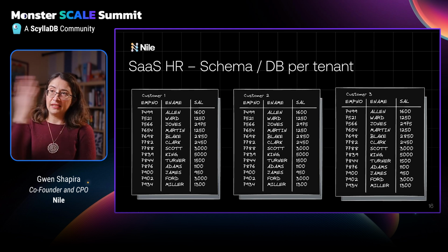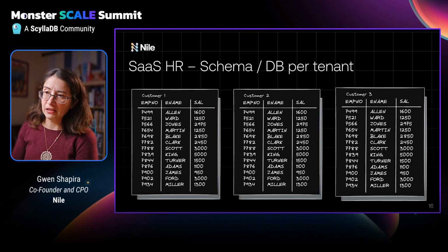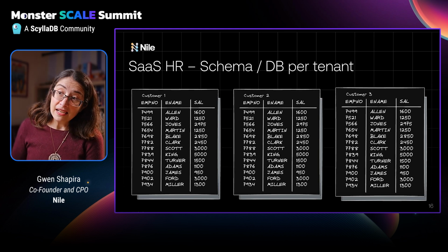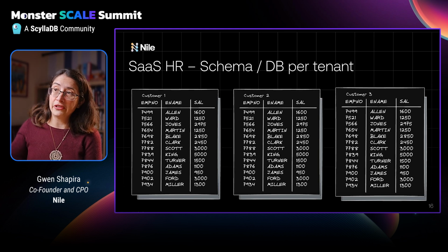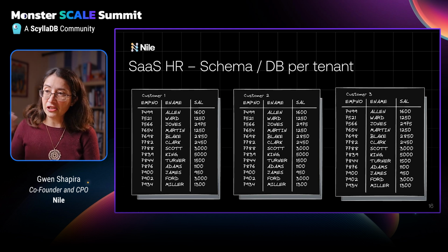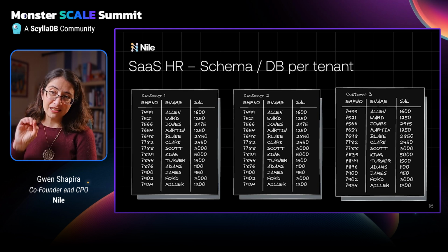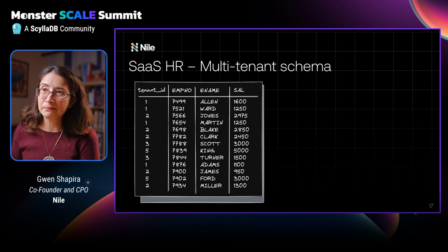Every operation that has to touch all those customers is going to take a long time and be complicated. There is also high overhead for maintaining sufficient resources for every one of those customers, making sure they can spike, just Postgres overhead, etc. So it's the expensive and bespoke way of running things.